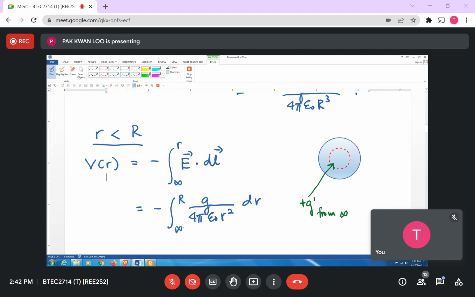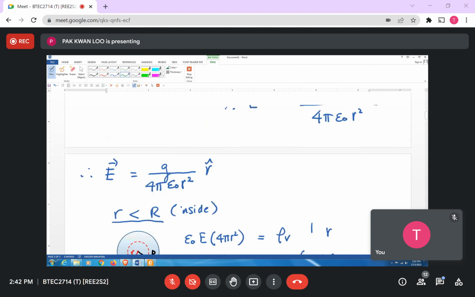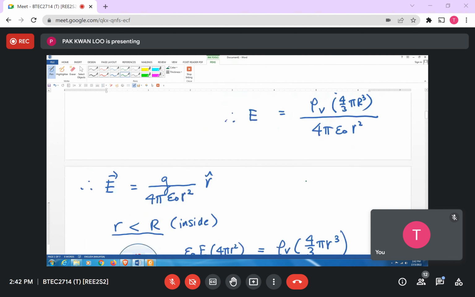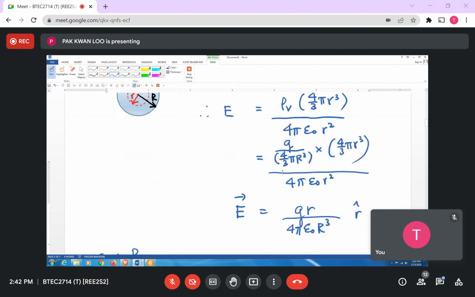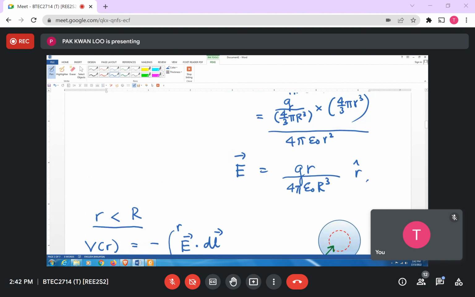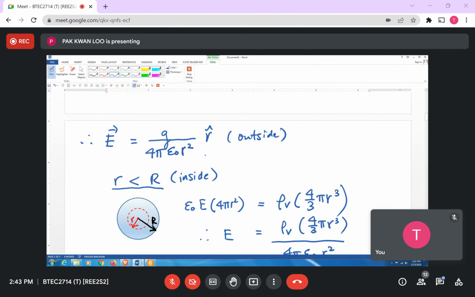So the potential outside is from infinity to R. So we are using the electric field expression for the region outside first. This is outside, and this is inside.